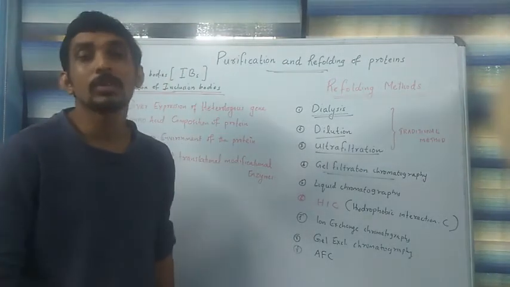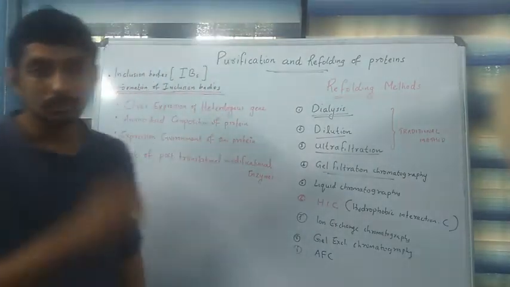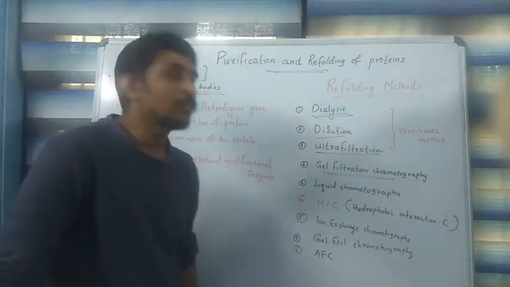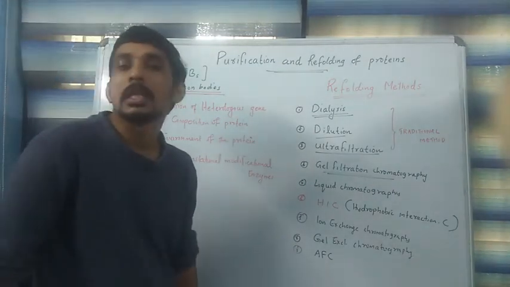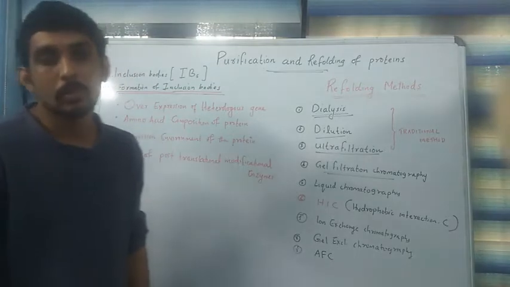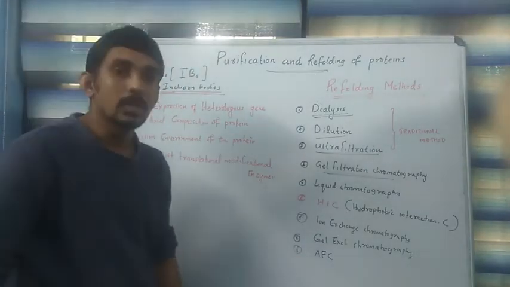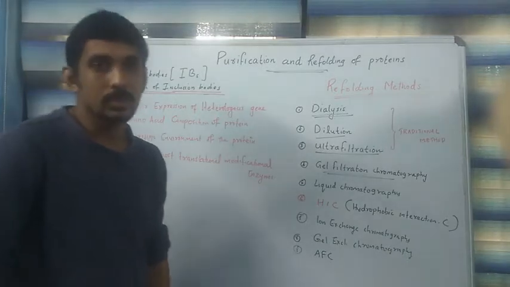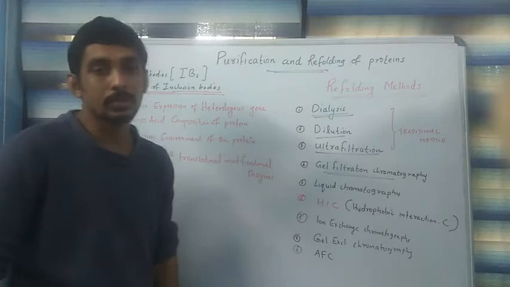So here we are going to deal with that purification and refolding process. Before going to the refolding and purification of recombinant protein, that is the protein produced by heterologous gene, we need to study a few terms so that we can easily understand the concept.